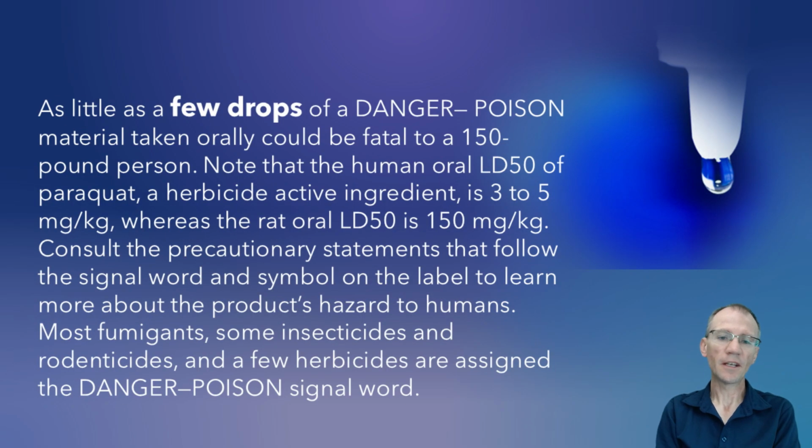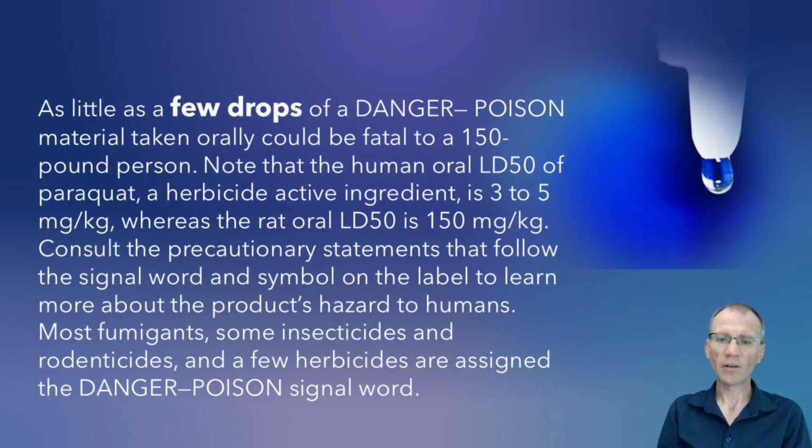So you're probably thinking to yourself, how toxic are these products? As little as a few drops of a danger-poison material taken orally could be fatal to a 150-pound person. Note that the human oral LD50 of paraquat, a herbicide active ingredient, is 3 to 5 mg/kg, whereas the rat oral LD50 is 150 mg/kg.